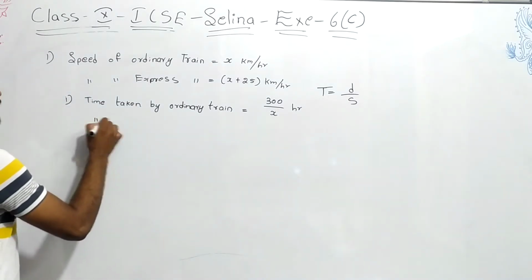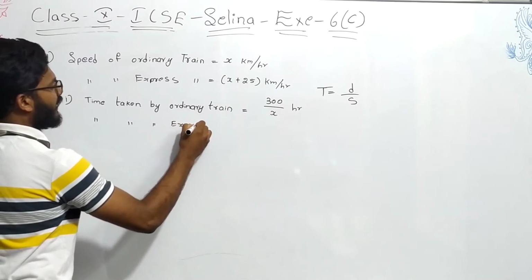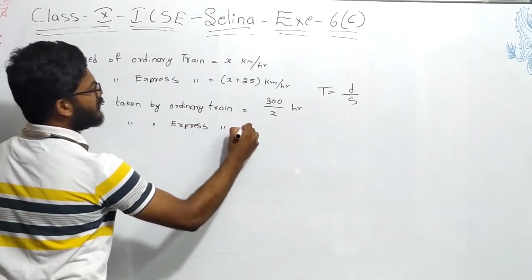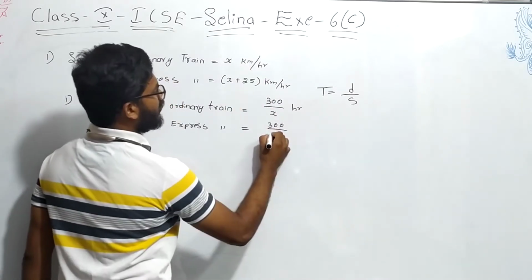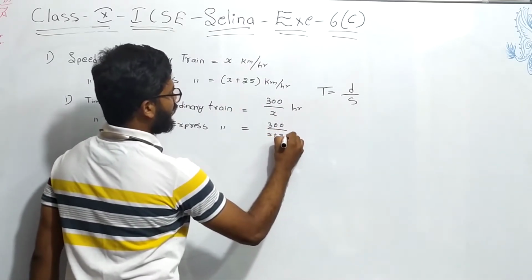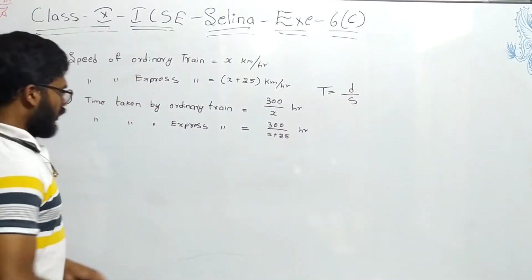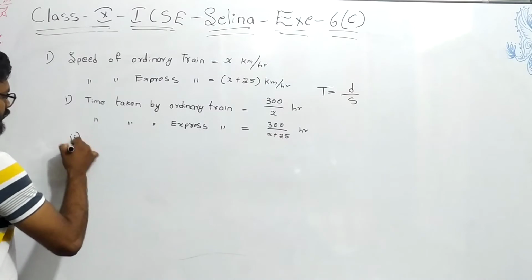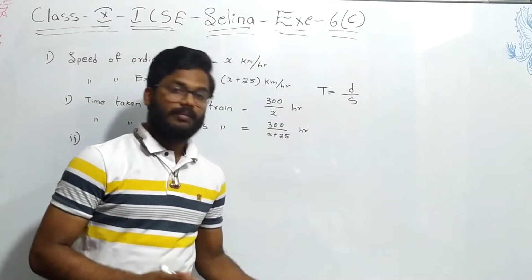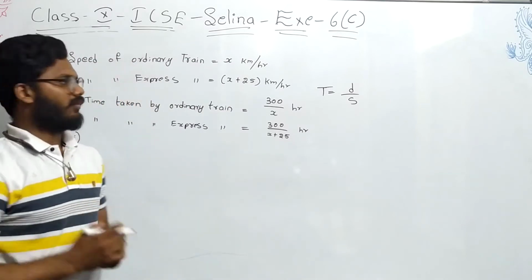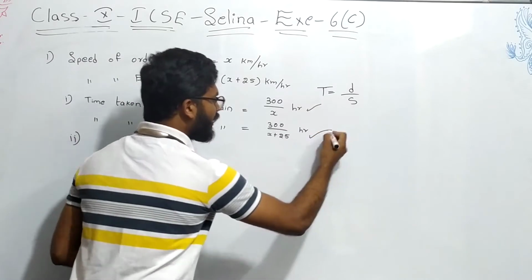Next, time taken by express train is equal to the distance, which is the same, by speed, which is x plus 25. Second one: the ordinary train takes 2 hours more than the express train. What are they telling? This is 2 hours more than this time.